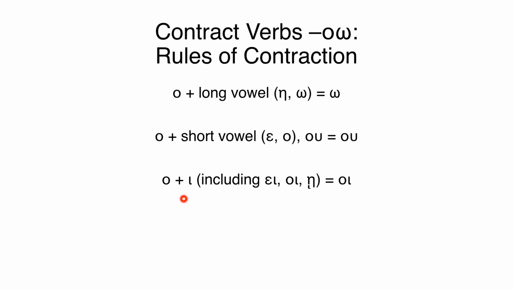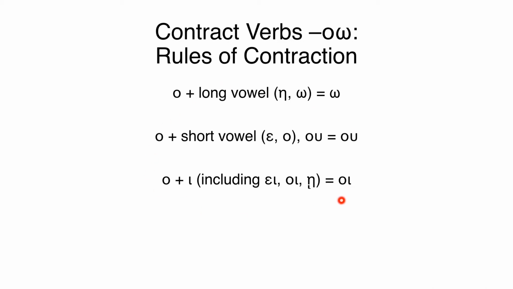When omicron is added to iota, including these diphthongs, ai, ei, or oi, ē, and ē or ē with the iota subscript, it will switch to oi or ē, omicron iota.